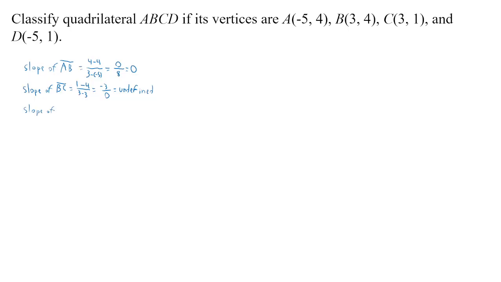The slope of segment CD. All right, so this is 1 minus 1 over -5 minus 3. 1 minus 1 is 0. -5 minus 3 is -8. And 0 divided by -8 is 0.